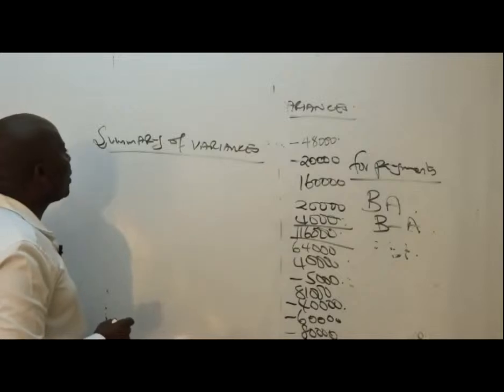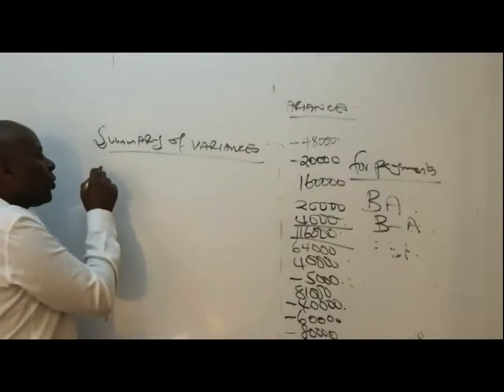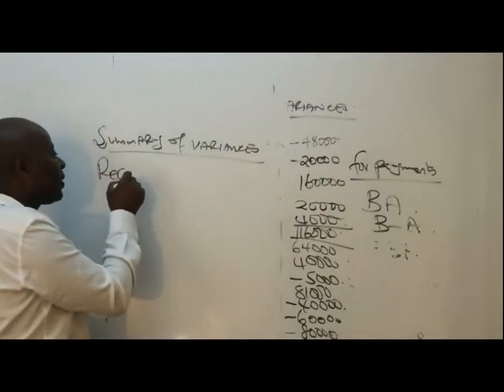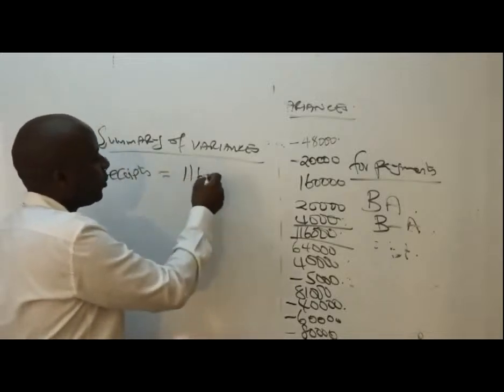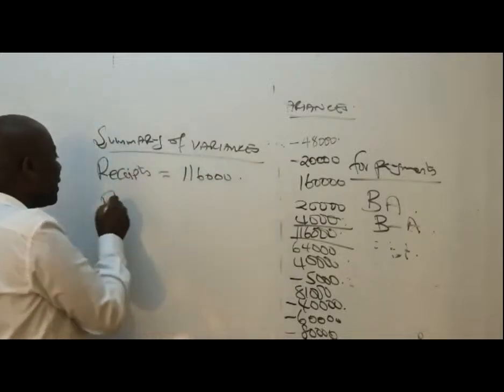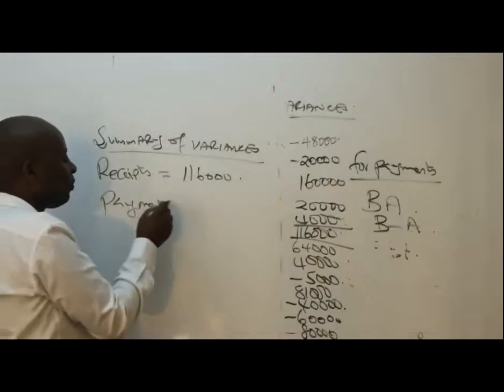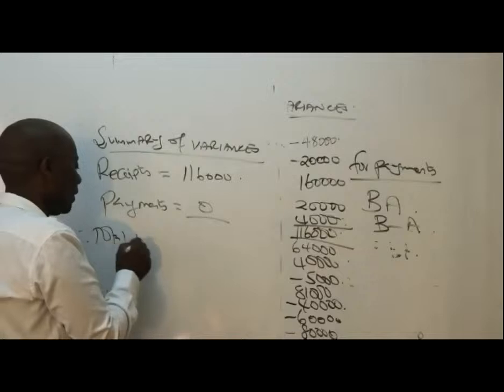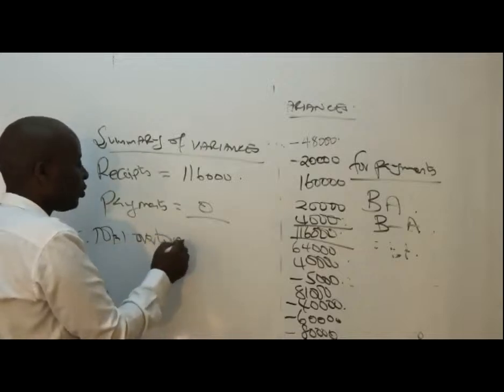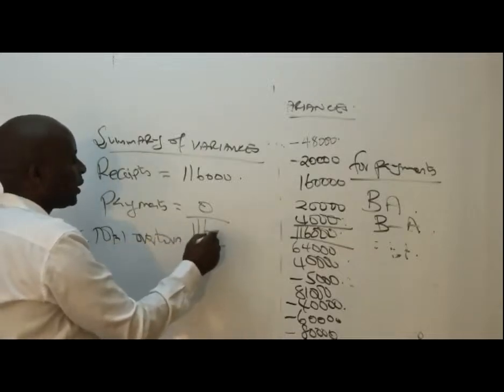What we have, ladies and gentlemen, is this. We have the variances coming as a result of receipts, which give me 116,000. And then we have the variances as a result of payments, which gives us 0. And therefore the total budget overturn will be 116,000.